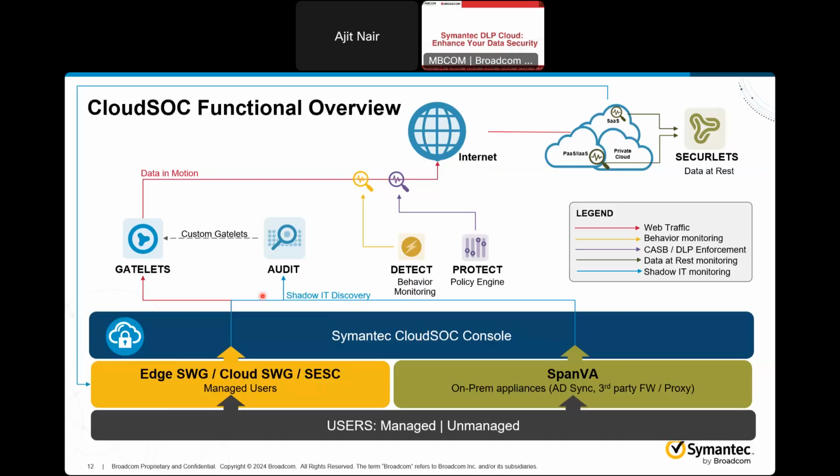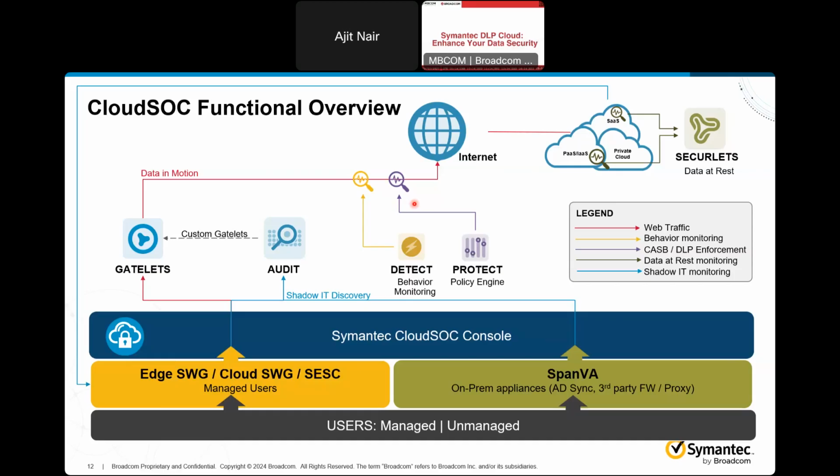The agent steers, or routes, that traffic to the Cloud SWG, and our Cloud SWG then forwards it to the different CDSs for inspection. For shadow IT, we have the audit module, which performs the analysis and gives you an audit score that helps you understand whether or not an application is safe to use.